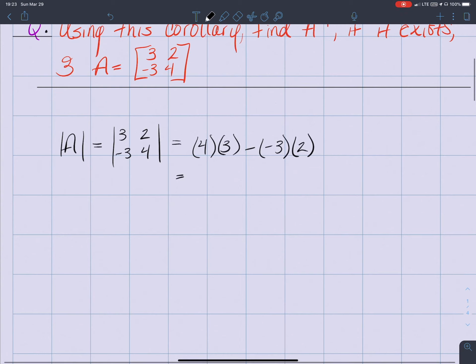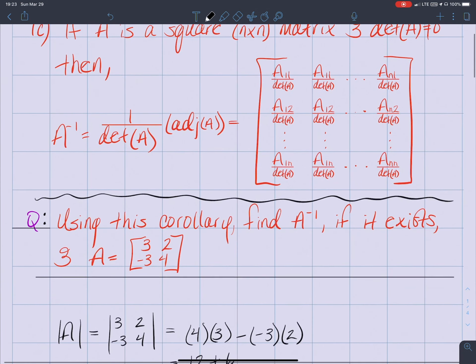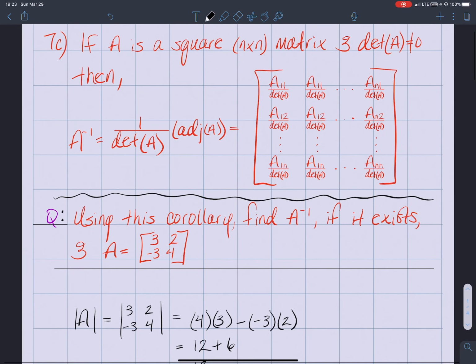This comes out to 12 plus 6, which equals 18, and 18 does not equal 0. So we've satisfied this first part: A is a square matrix such that the determinant of A is not 0.